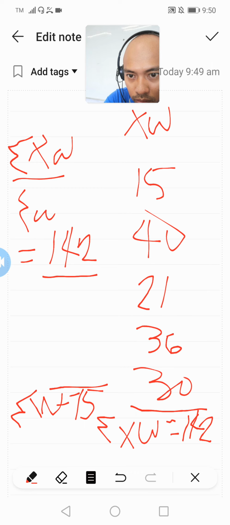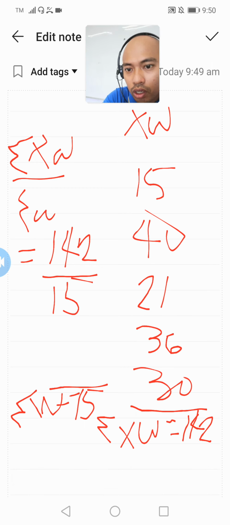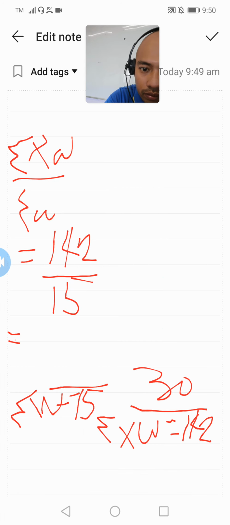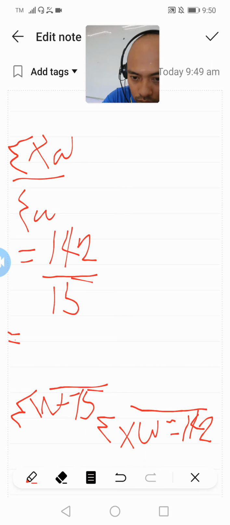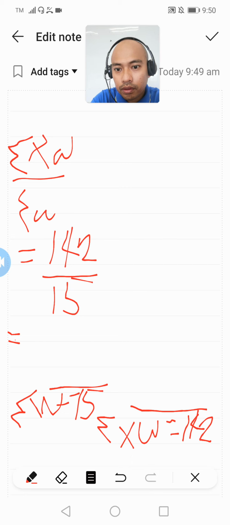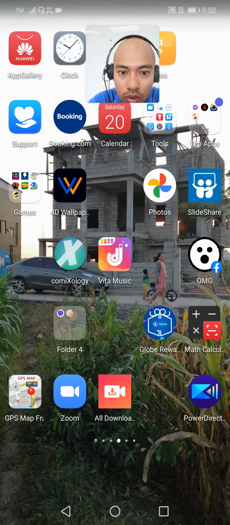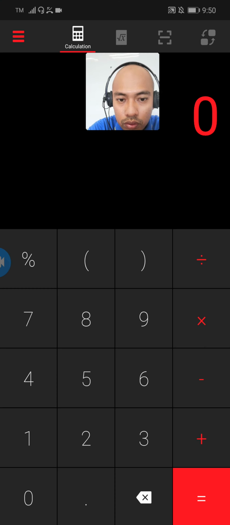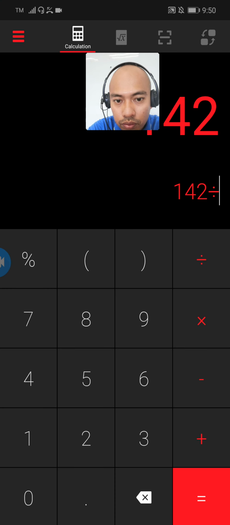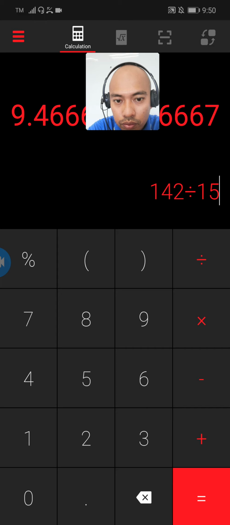What is 142 divided by 15? It is approximately 9.47.